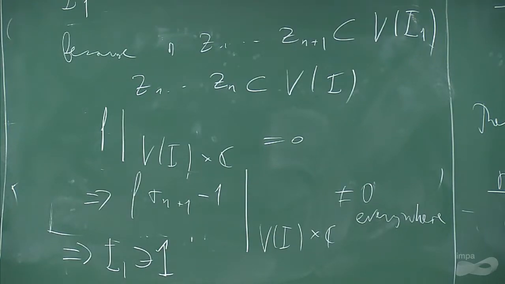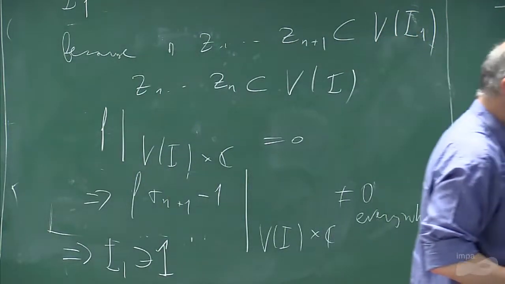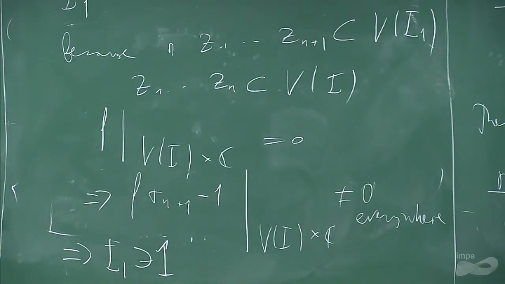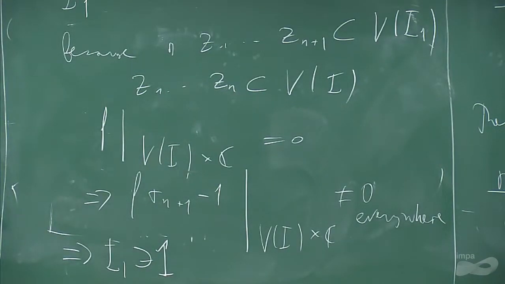You have R by I. This is our quotient ring, and consider its map to, well, what we can do is consider f and localize by f.